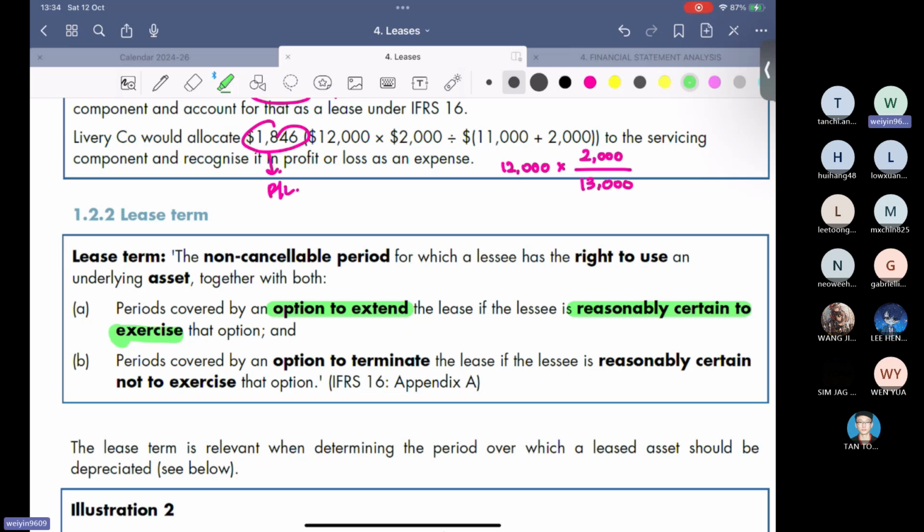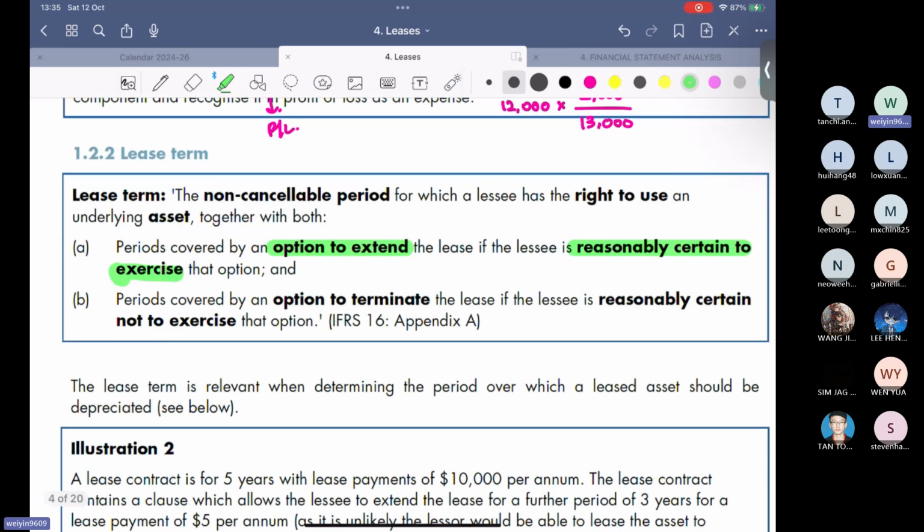So if the other party gives an option to extend and my chance of continuing is very high, therefore I should take the option to extend into consideration. If the contract gives you an option to terminate and the lessee has a high chance of not exercising the option, you also need to take that into consideration.